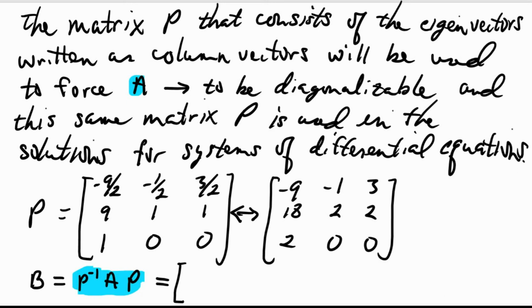So for mine, it was 4 first, 0 0, and then 0 6 0, and 0 0 negative 2. Okay, so that's pretty cool stuff.